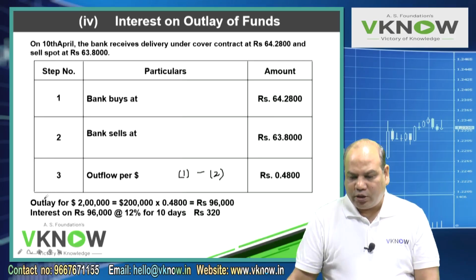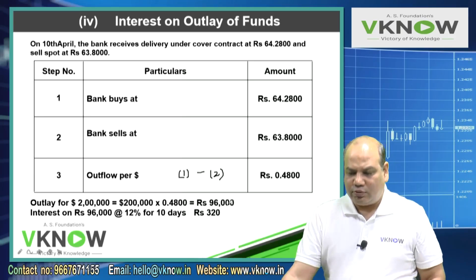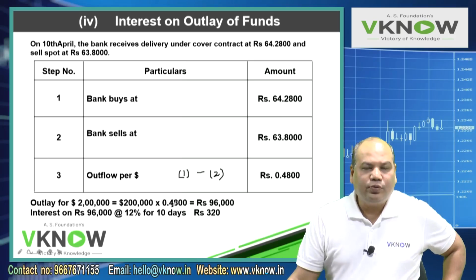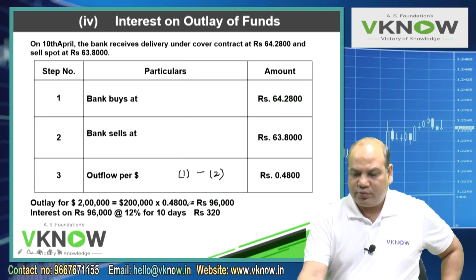Below the table, write down point number 4, outlay for $2 lakh. So total outflow will be 2 lakh into 0.4800. Check the calculation. Total outflow will be 96,000 rupees.